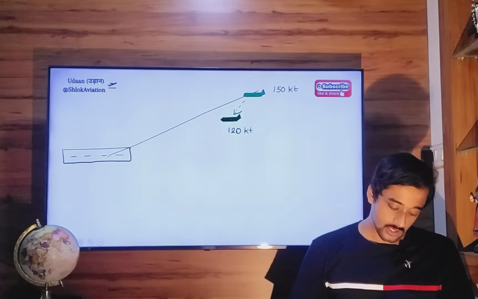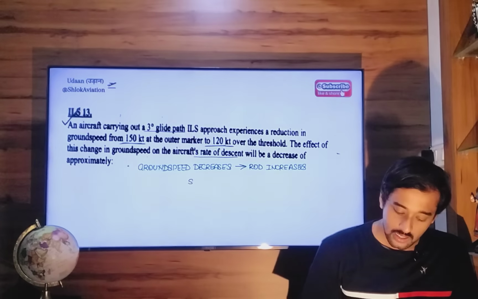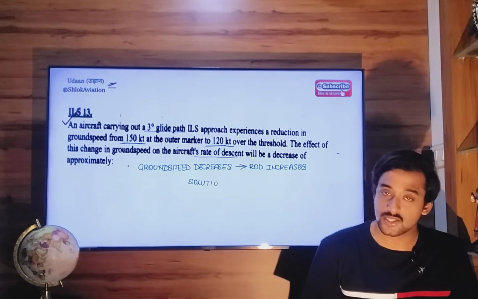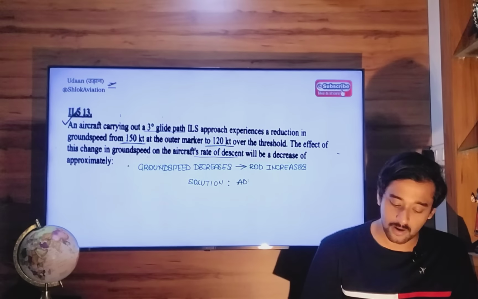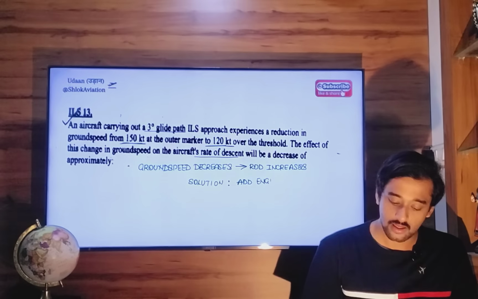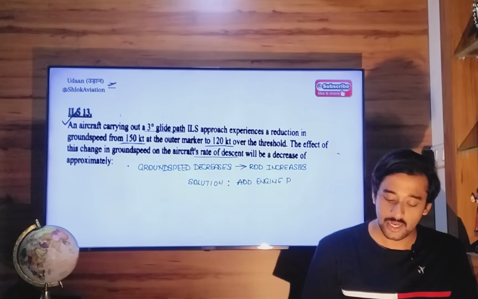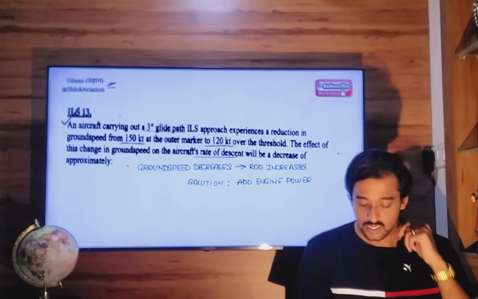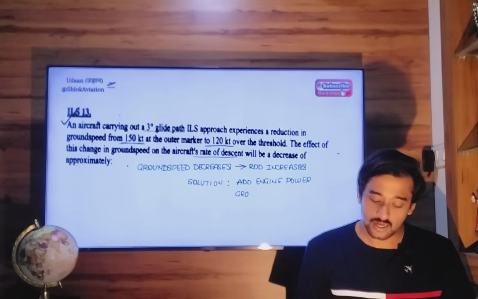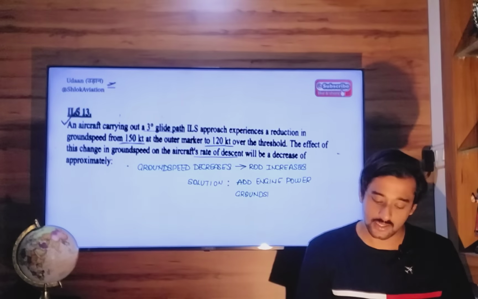So the solution is, whenever ground speed decreases, the pilot must add engine power. You add engine power, the forward speed of your aircraft increases, and as a result the ground speed of your aircraft will increase.